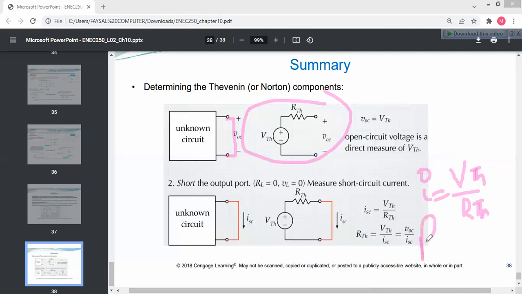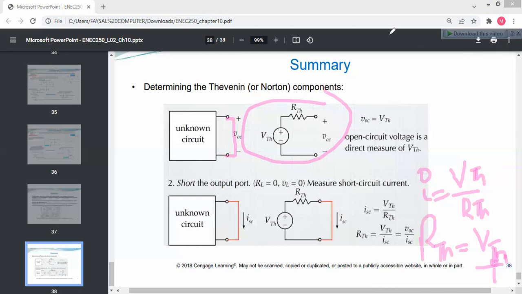So my R Thevenin value will be equal to V Thevenin divided by I. So V equals IR, and when there is a current, it will be equal to V Thevenin divided by R Thevenin.